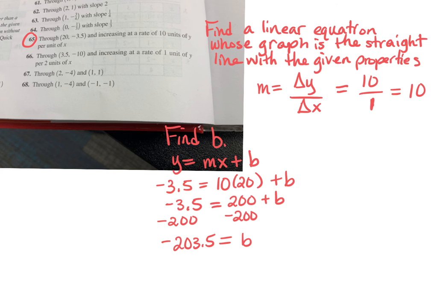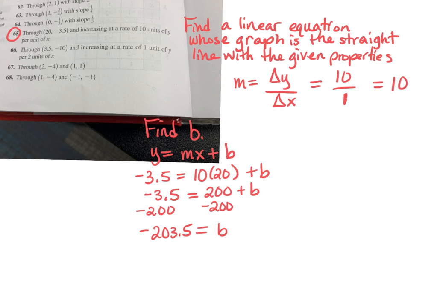Okay, so we have b is negative 203.5, which means what? Because now we need to find our linear equation. So what do we get? Yes, go ahead.